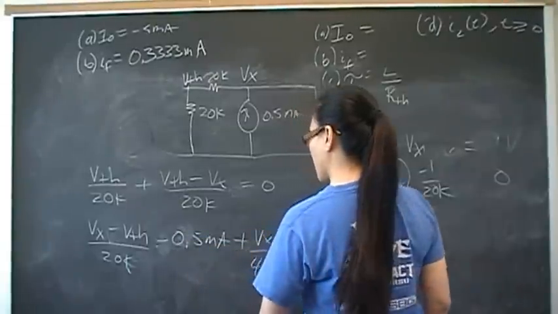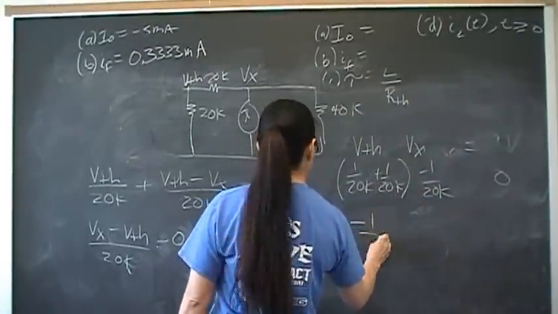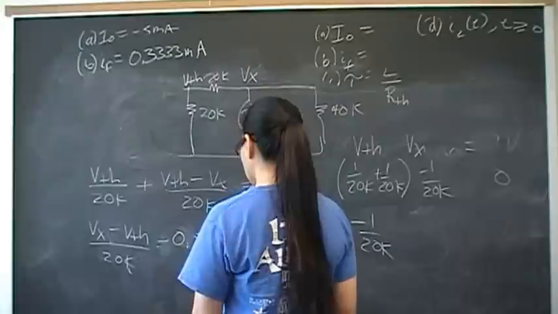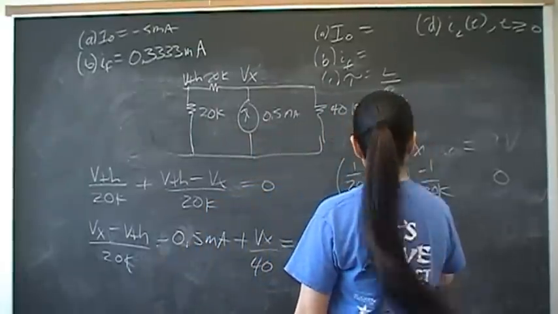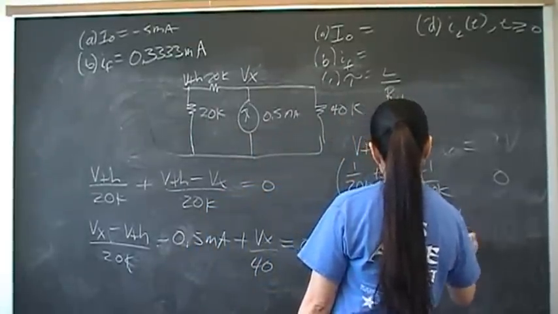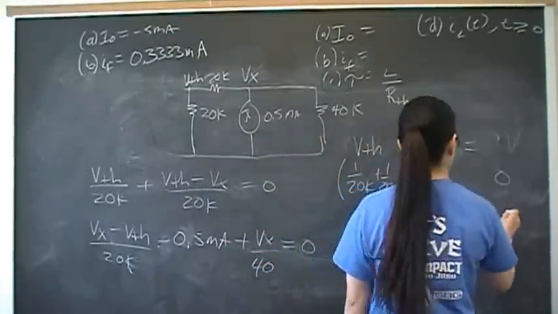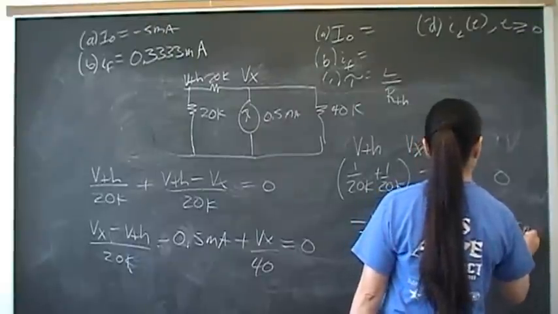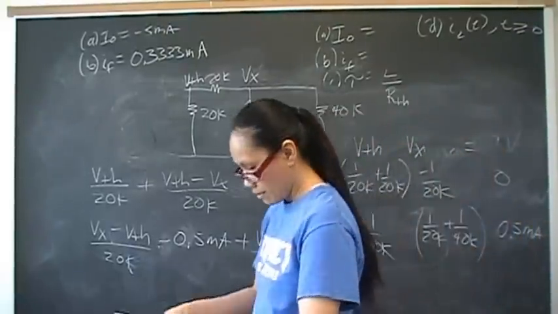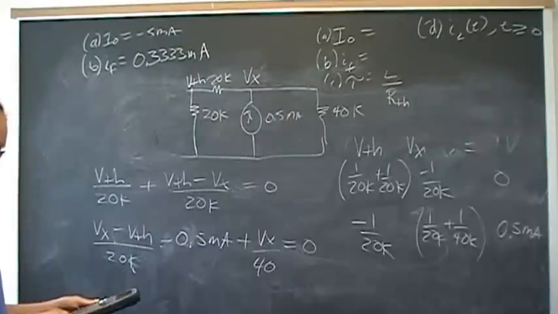In the second equation, the V Thevenin coefficient is negative 1 over 20K, and for Vx we have 1 over 20K plus 1 over 40K. Then the 0.5 milliamps comes over to this side as positive. Okay, so now let's input that matrix into our matrix solver.